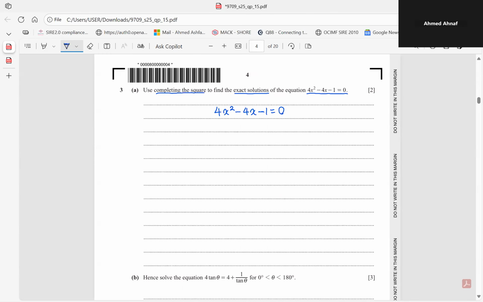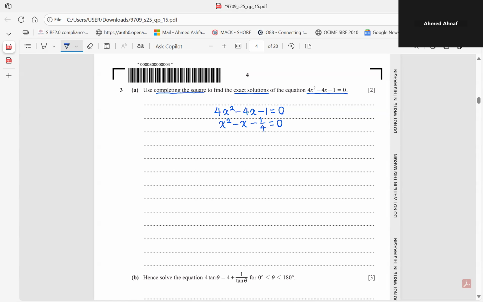We have to first complete the square in order to solve this equation. To do that, we have to first make sure our coefficient of x squared is 1. So we'll divide this whole equation by 4. So this would be x squared minus x minus 1 over 4 equals to 0.